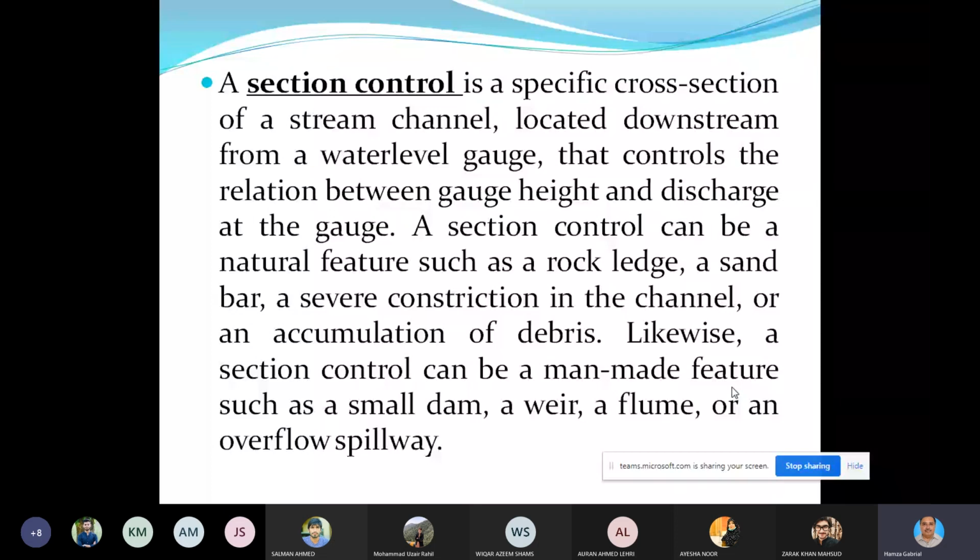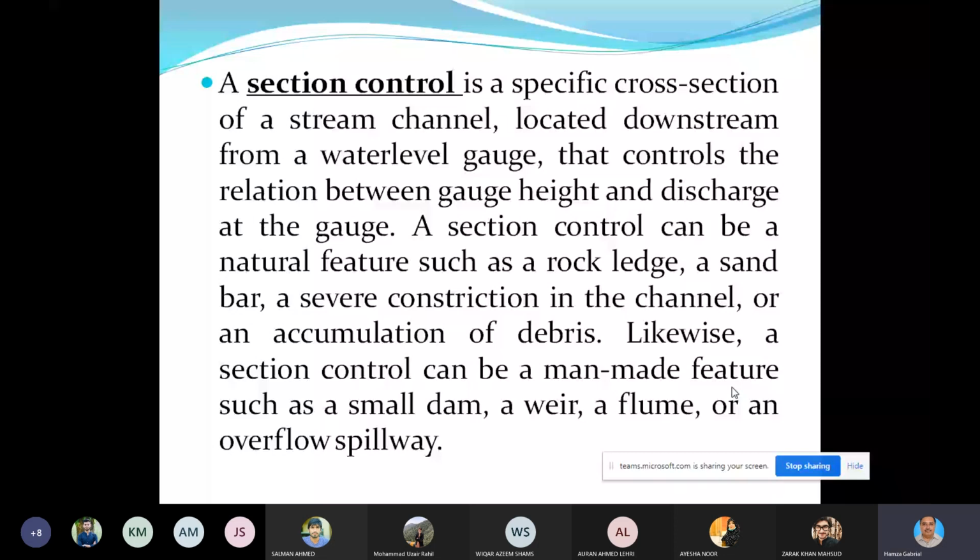So these are natural features: a rock ledge or a sandbar or a swale constriction in the channel, or the constriction due to the accumulation of debris, which reduces the flow area and results in a natural section control.